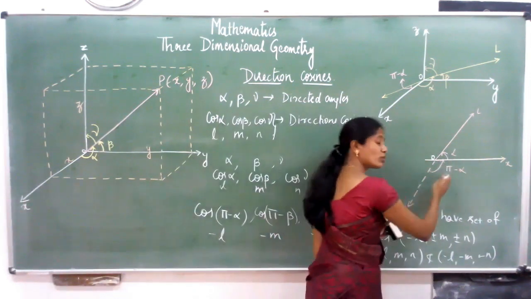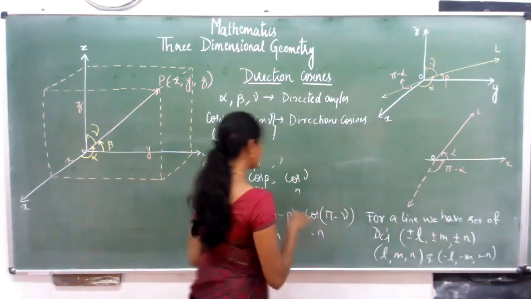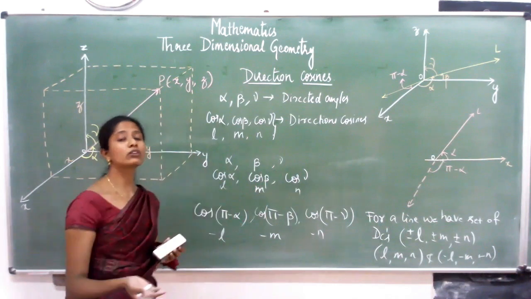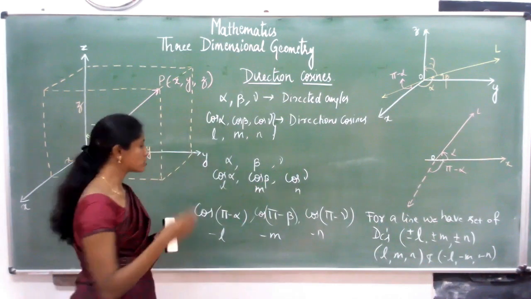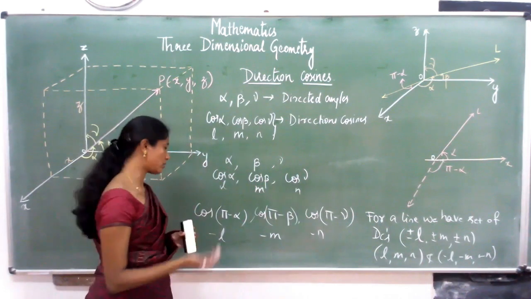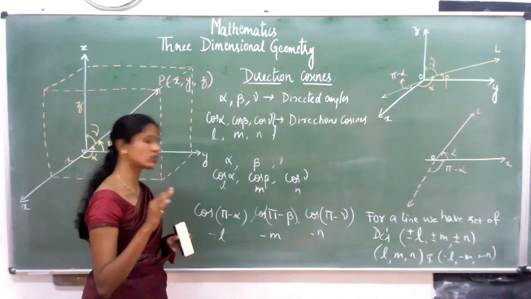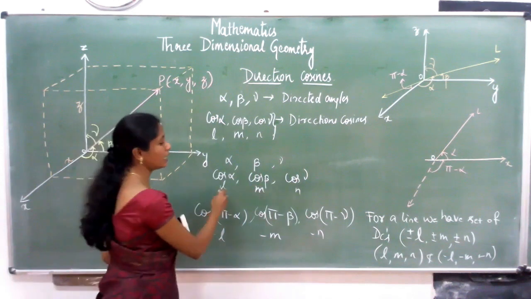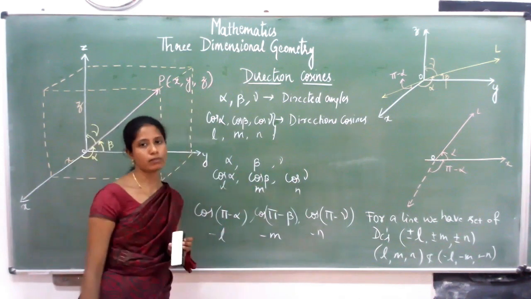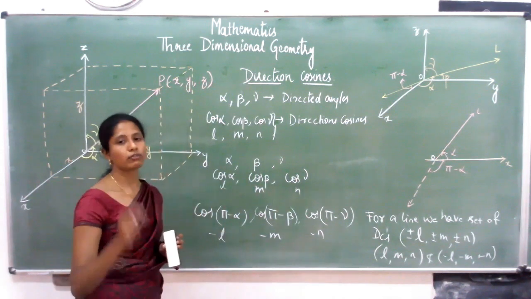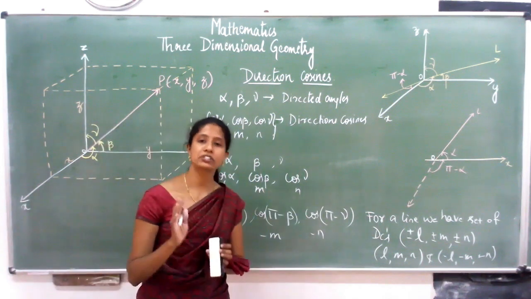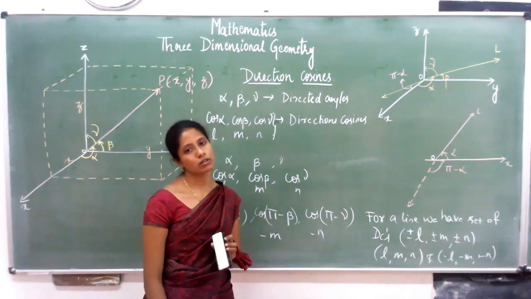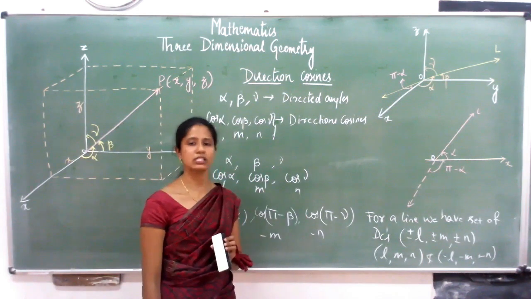We are considering both angles here. So when I consider both angles, alpha and pi minus alpha, you need to take the cosine for both: cos alpha, cos beta, cos gamma, and cos of pi minus alpha, cos of pi minus beta and cos of pi minus gamma, which are given by L, M, N and minus L, minus M, minus N. Therefore, you have a set of direction cosines for a line, that is plus or minus L, plus or minus M and plus or minus N.